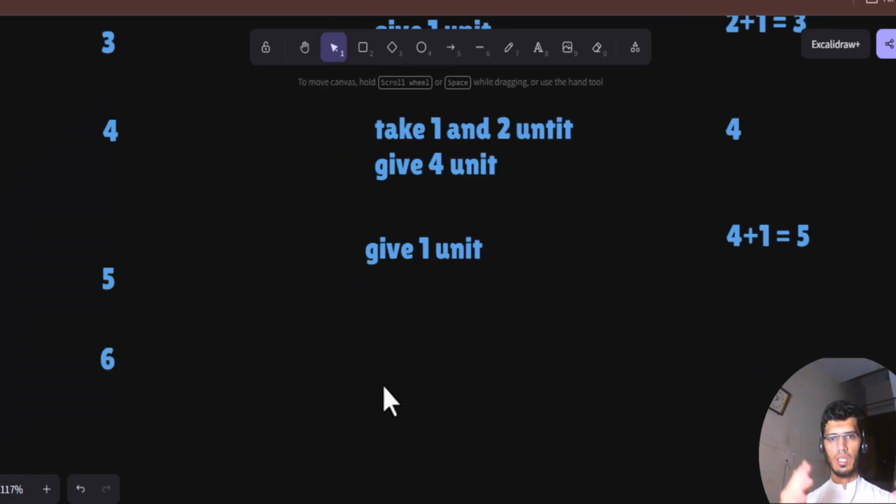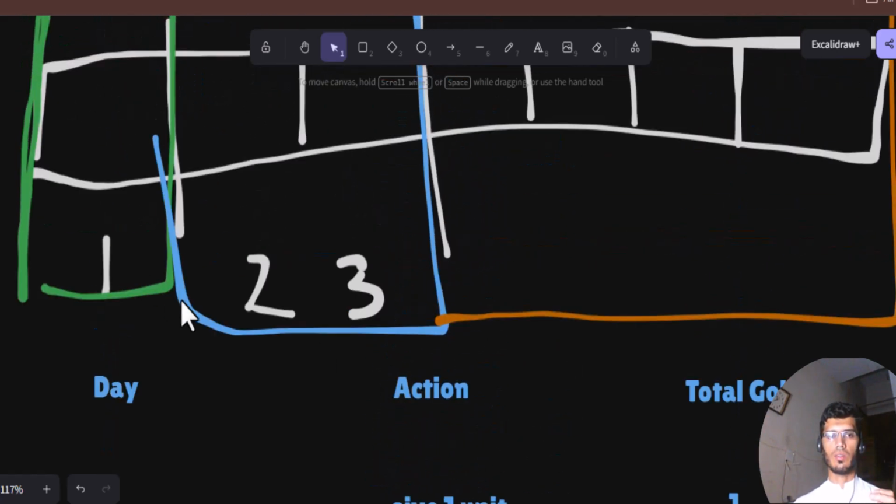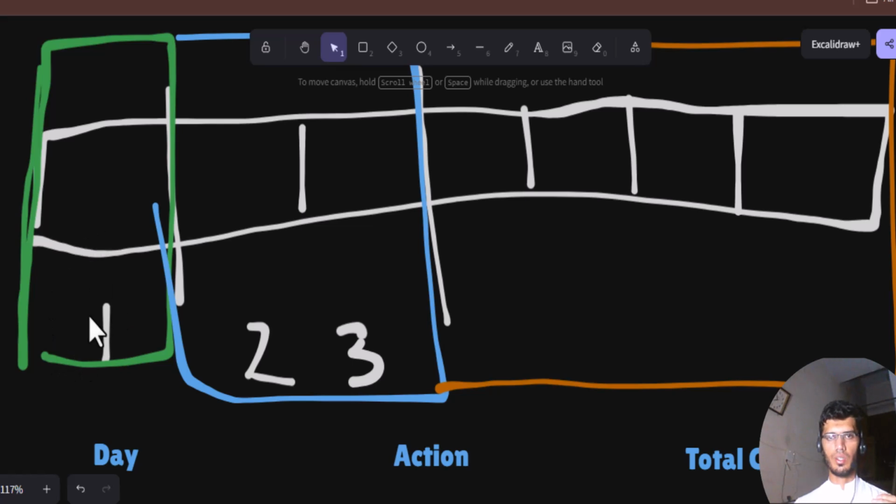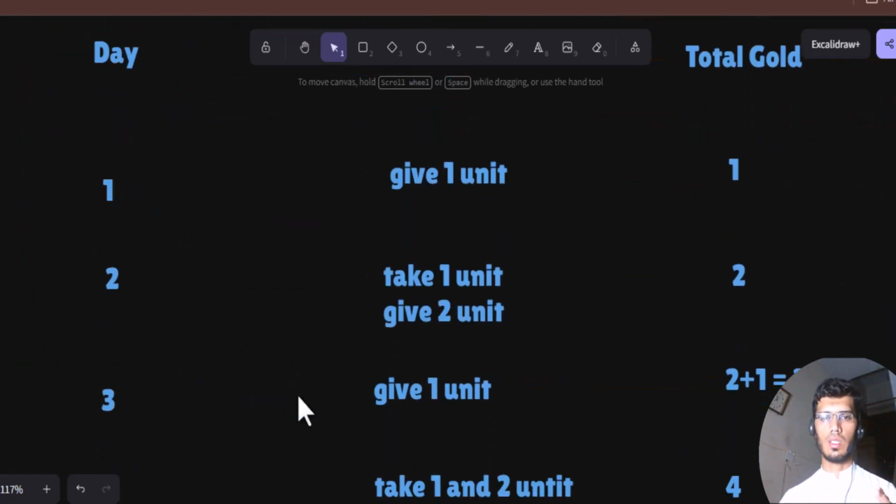Now for day 6, what will we do? We have given the first green unit and the orange unit of 3 pieces to the employee on day 5. Now on day 6, we will simply take the first unit, and instead we will give the second unit, so that the total 4 plus 2 will be 6.